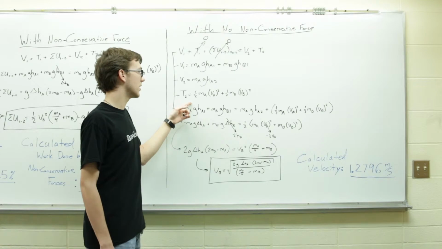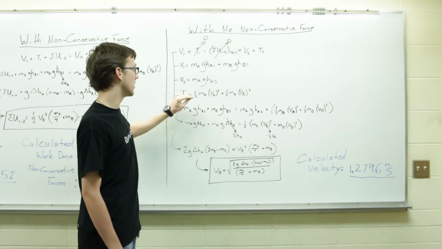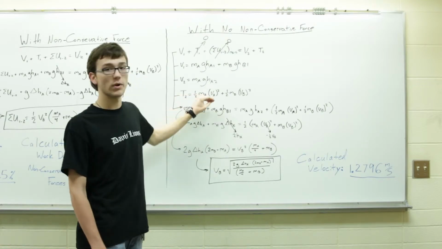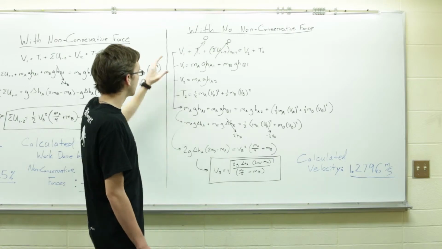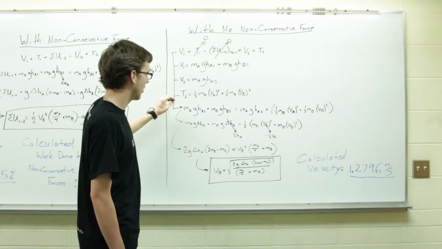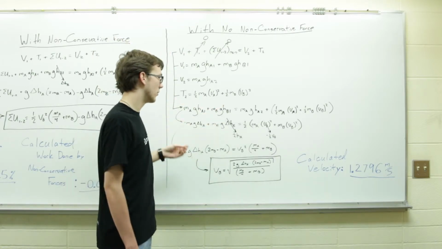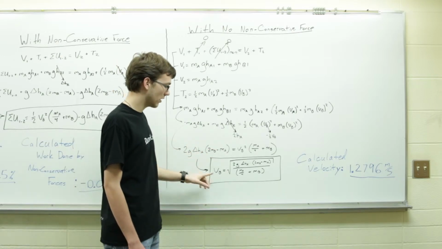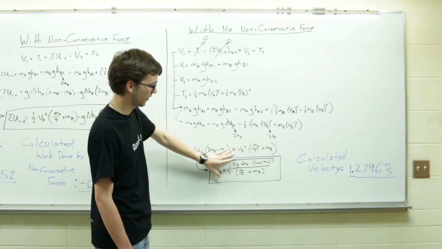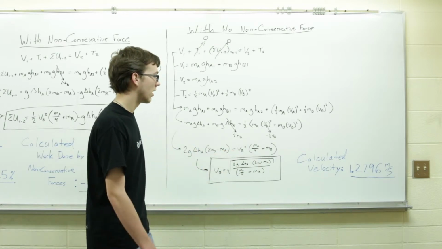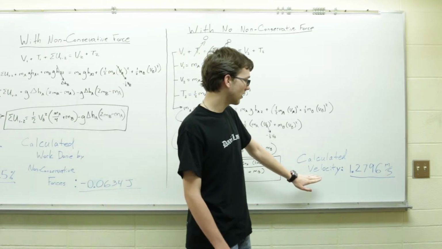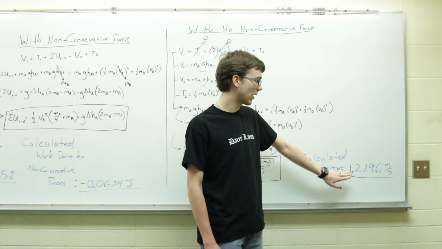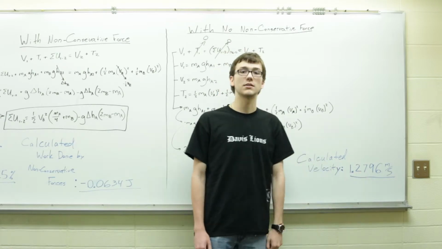The kinetic energy at the end is going to be the sum of 1/2 mv squared for both masses. So we combine these all into one equation. We do a little bit of simple but tedious algebra, and we get this master equation, vB equals all of this right here under the square root. Therefore, we were able to calculate that our velocity should be somewhere around 1.2796 meters per second.